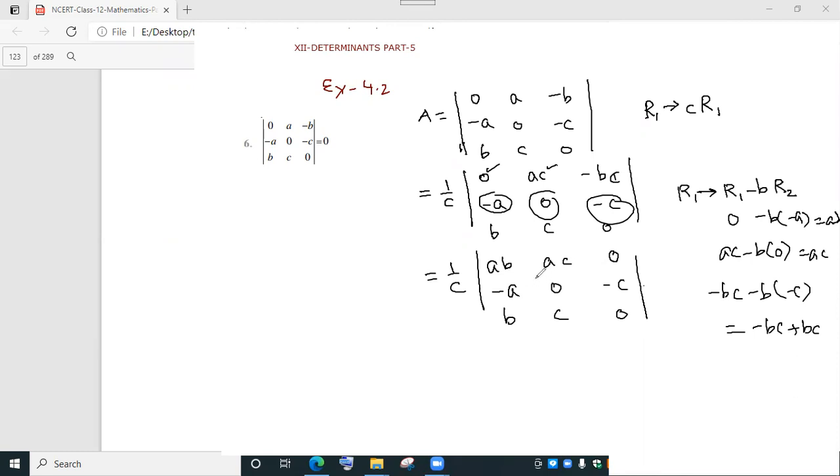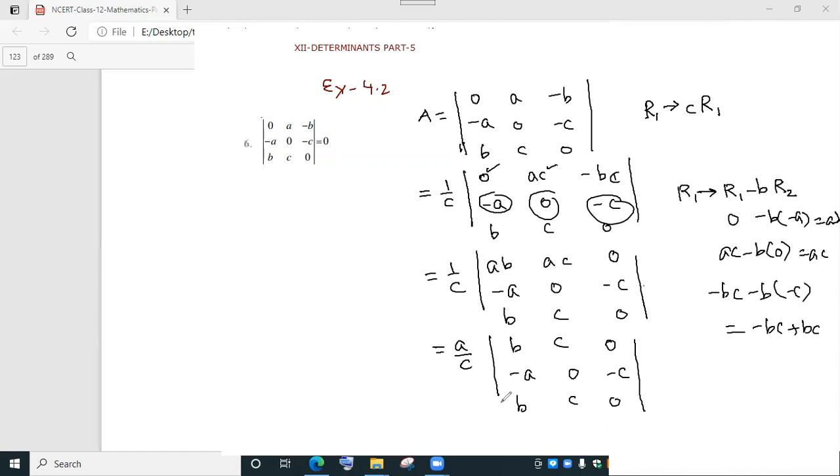Now we can take common a from the first row. So this will become b, c, 0, the same as R3. Taking common a from R1, this will become b, c, 0; minus a, 0, minus c; and b, c, 0.